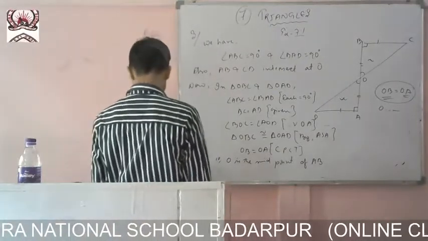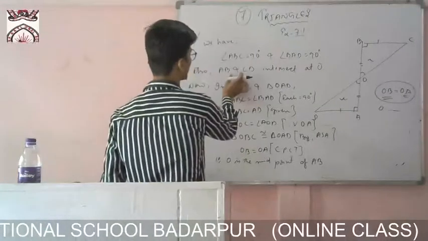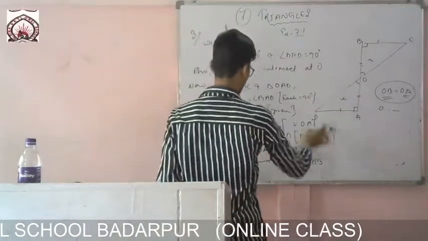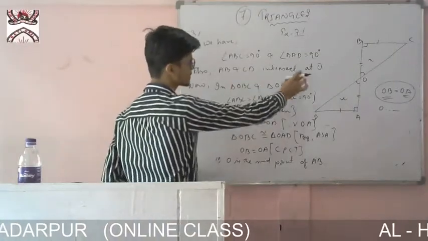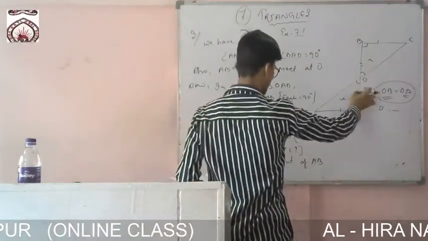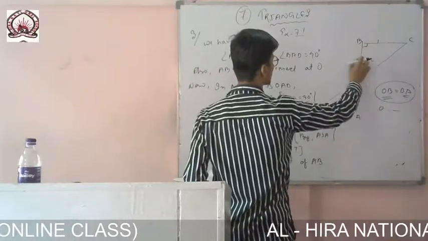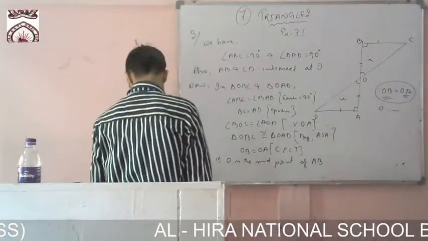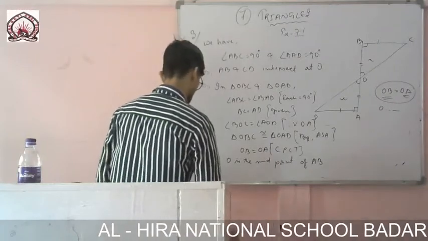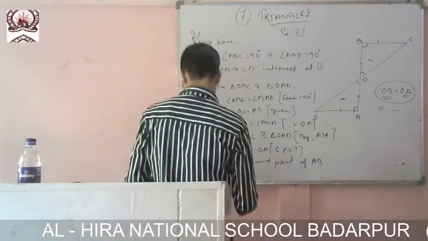And what I have said is that these two lines intersect at the point O, and these two parts are equal. That means this line has bisected this line, that is AB, into two equal parts. So I can write: therefore CD bisects AB.